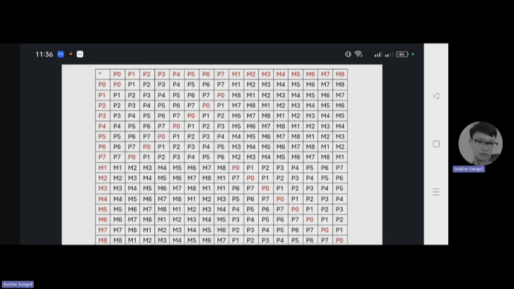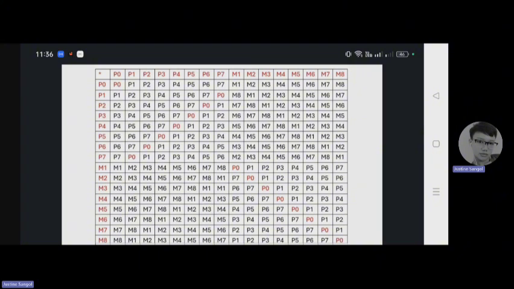So P0 here, the red P0, is the identity. So from row here, P0 star P0 is equal to P0, that's why the inverse element of row 0 is row 0. And the inverse element of row 1 is row 7.